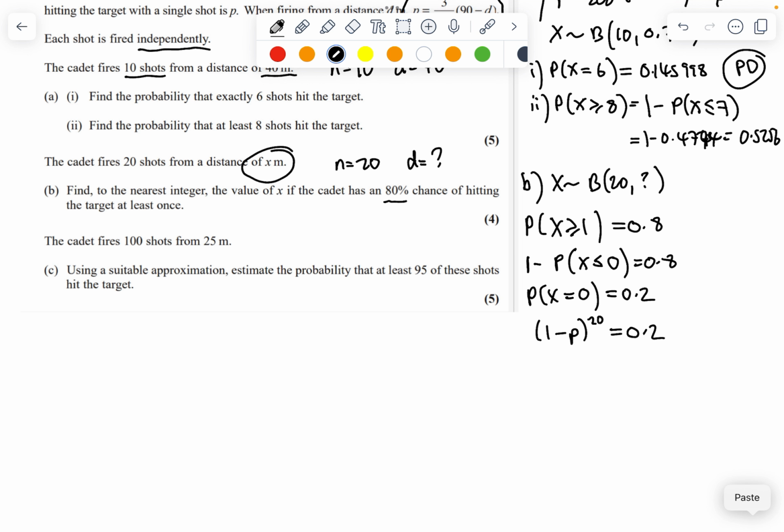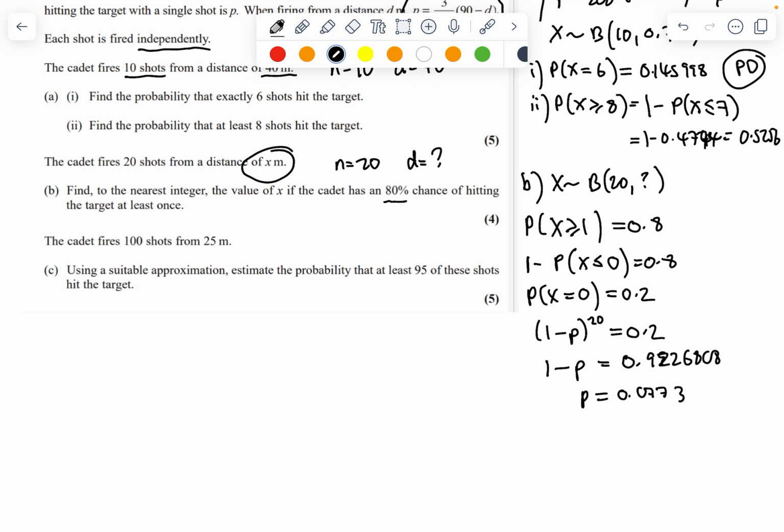We take the 20th root of 0.2, and 1 minus P is equal to 0.922688, which means the probability is equal to 0.0773. So there's a 7% chance of him hitting at least once per shot, but that's not the answer to the question.